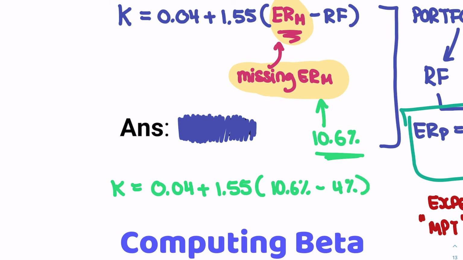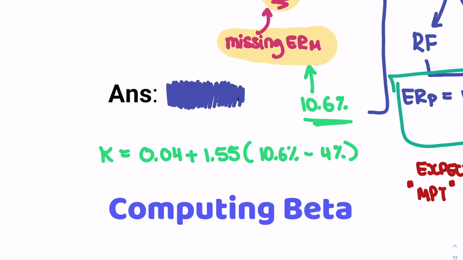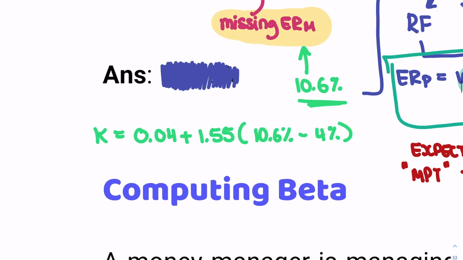I used percentages here, but it could have been written like this too, as 4%. I kind of had a brain fart. So in this case, K under CAPM would be equal to 14.23% if you did the math once again.